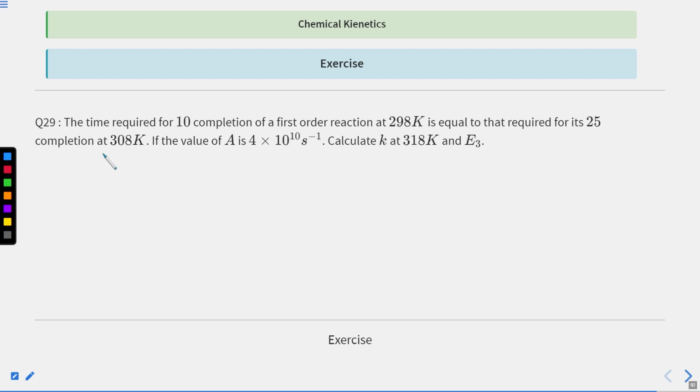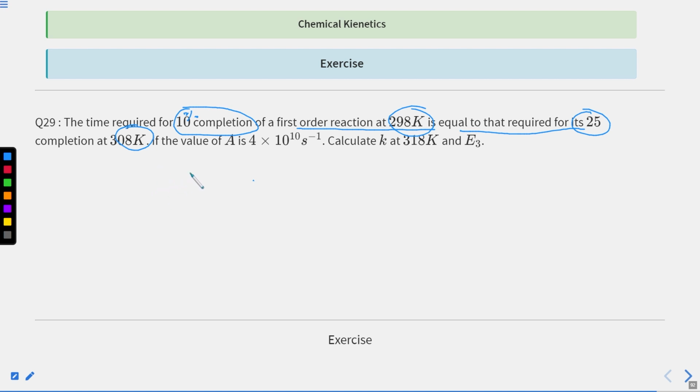After that, the time required for 10% completion of a first order reaction at 298 Kelvin is equal to the time required for 25% completion at 308 Kelvin.